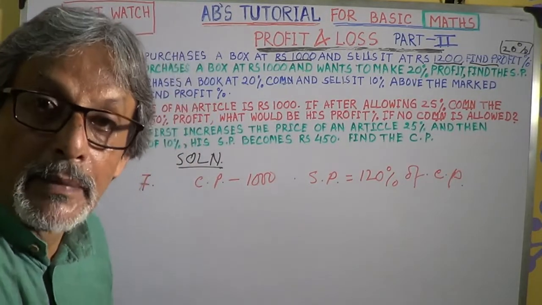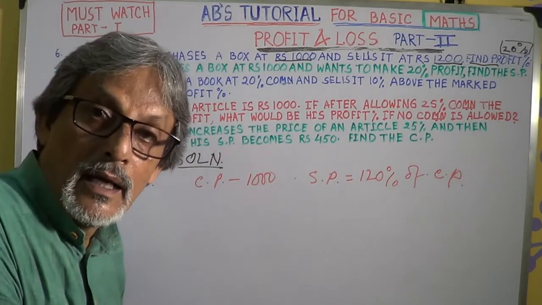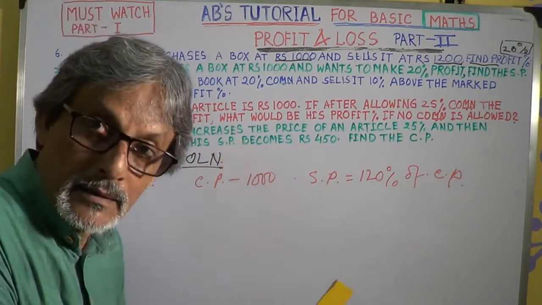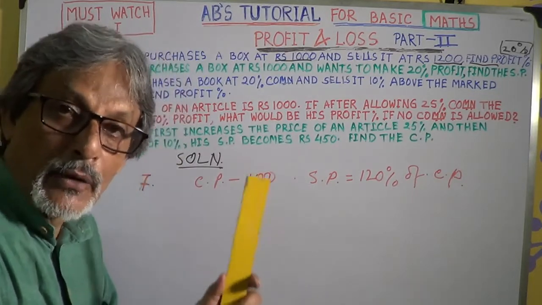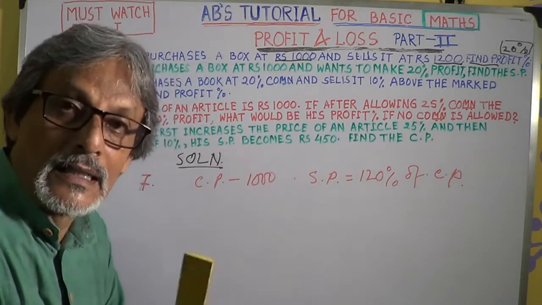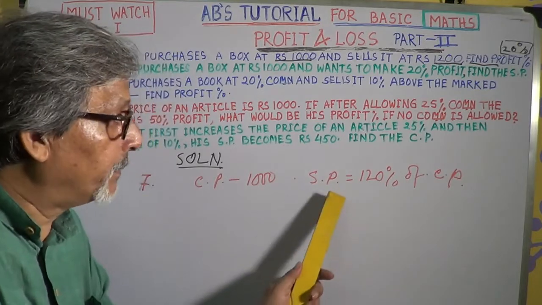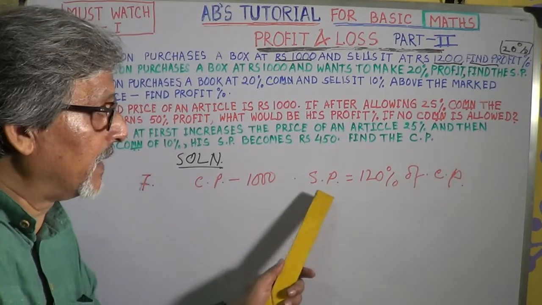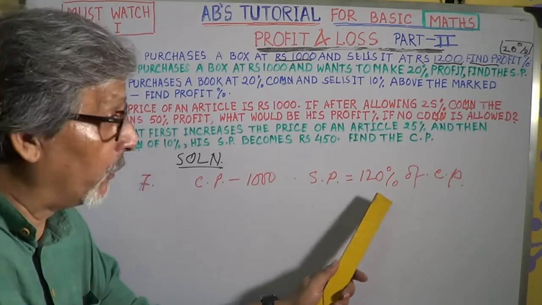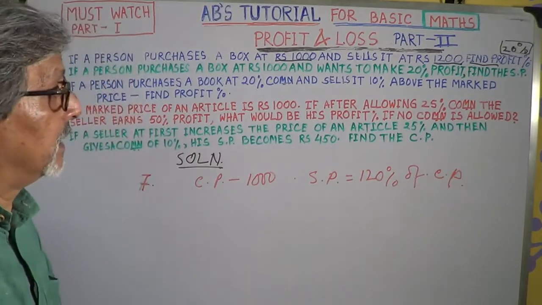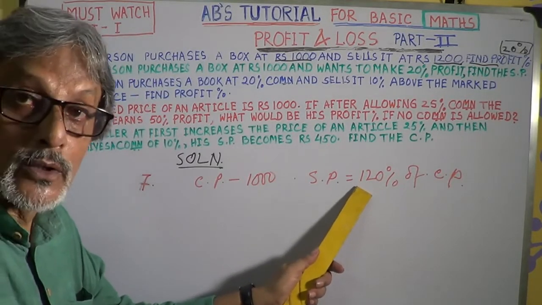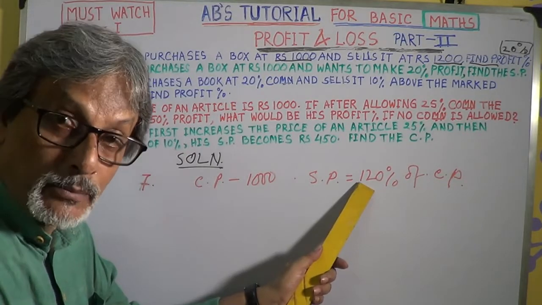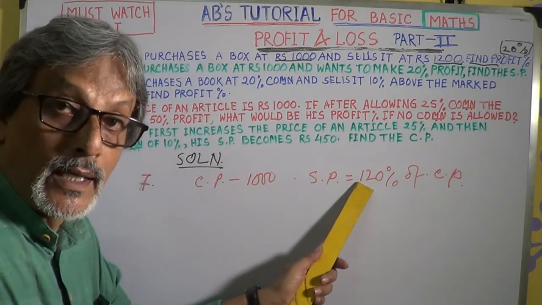20% profit means, had the cost price been 100, rupees 20 is the profit. So SP is 120. But 120 is when we have assumed the cost price rupees 100.